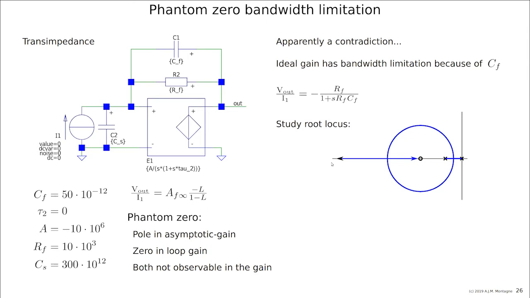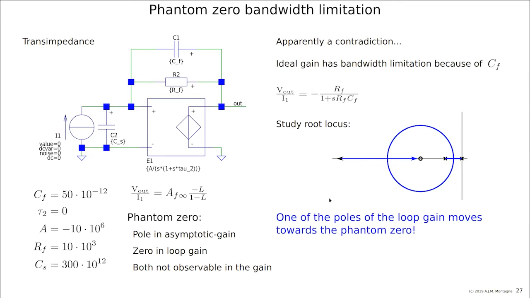That's why, if you would limit the bandwidth, we're making a transfer with a pole. We're making a kind of active low-pass filter, a first-order active low-pass filter. Then the bandwidth of this low-pass filter is given by the servo function, and the pole of the servo function goes to infinity. You see, one pole goes to the zero, it will cancel with the zero, and the other one will go to infinity.